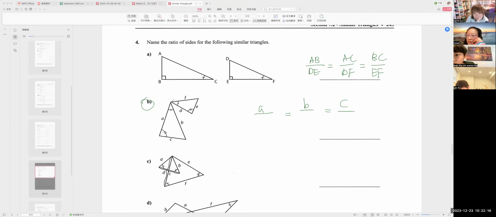Okay, Violet, you can see this long one is what? Is D, right? And F, B is to what? Is to F, and C is to E. Correct, Evan? Leo? Okay, this one. We have to see this triangle is similar to this triangle, so that's why it's A to C.